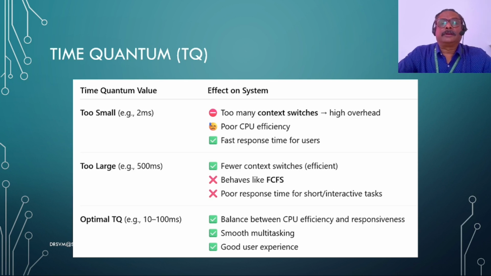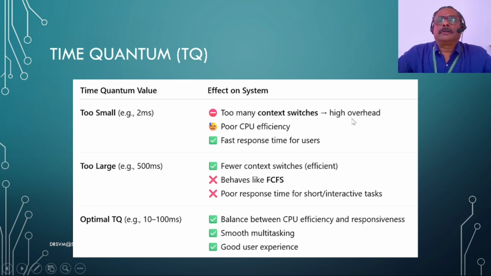As we discussed in the initial period of process management, there is a process control block, and that process control block has to be updated every time a context switch happens. So with too many context switches, every time a new code has to come onto the main memory. Every time it has to change the program counter, the various other register values, and all that has to be modified.